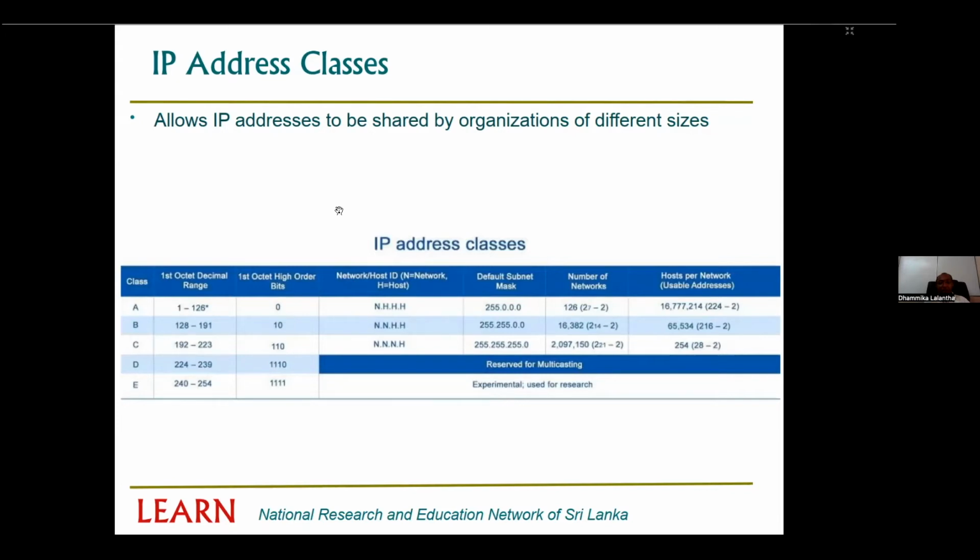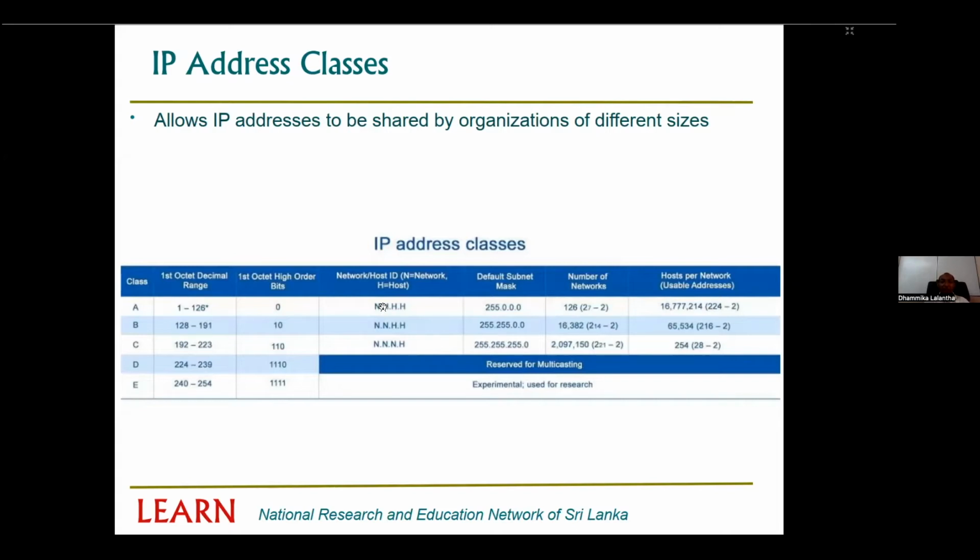The original subnet mask for address class A was like this: when we separate the address into dotted decimal notation, for the first octet, the first 8 bits are the network ID, and the remaining 24 bits will be the host ID.